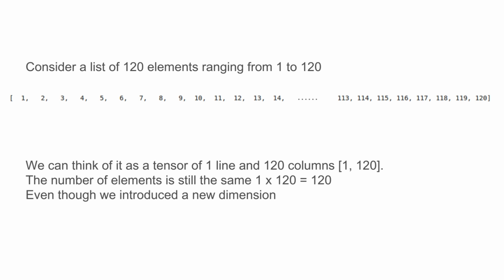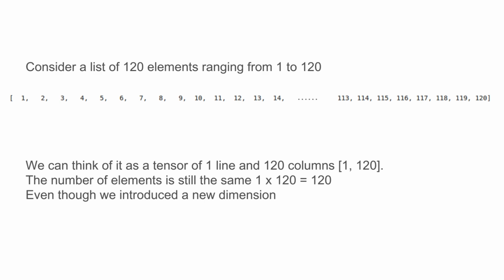For example, imagine a list of 120 numbers ranging from 1 to 120. We can also visualize it as a table with one row and 120 columns. No matter how we describe it, the key takeaway is that the total number of elements remains the same, in this case 120. Understanding this concept will help you grasp more complex tensor operations later on.